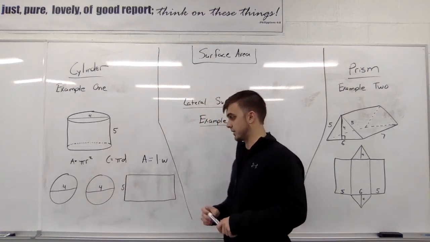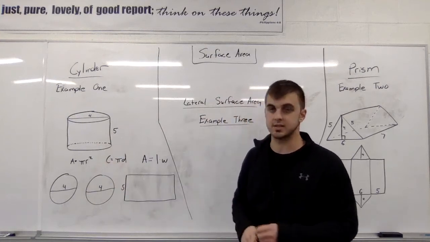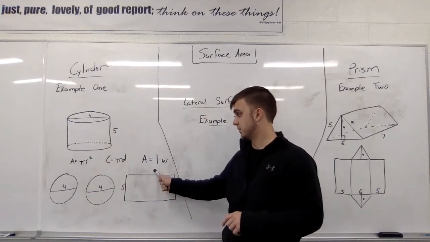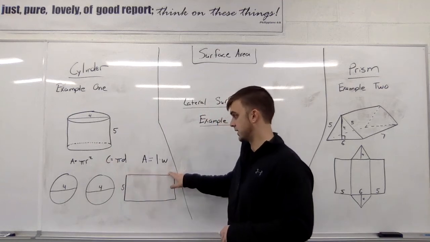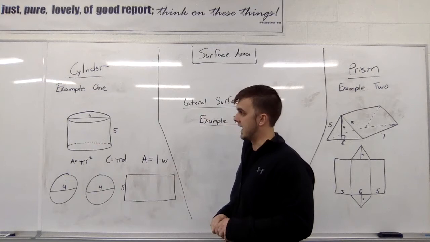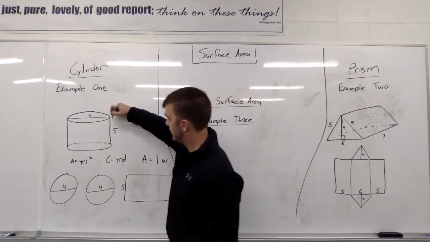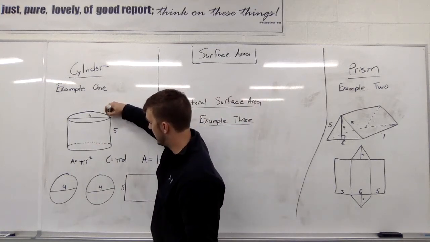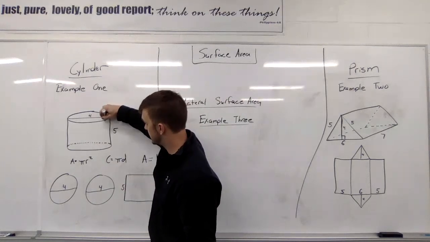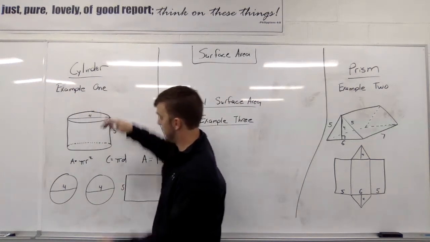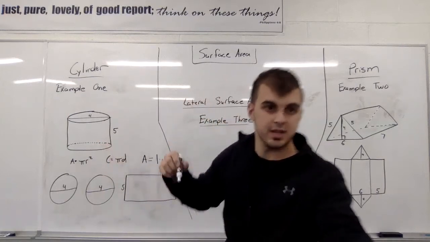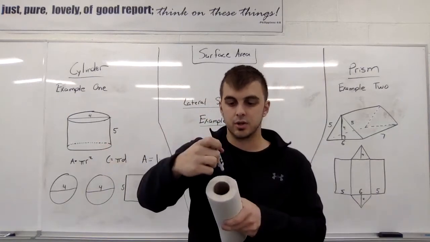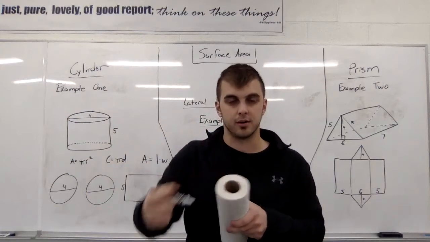Now, the first thing that you need to do, well, not necessarily the first thing, but something you have to do is figure out what the length is. This point to this point, what is it? What happened is we cut it here and then stretched it flat, and we took this circle the whole way around and stretched it flat. So what is the whole way around a circle called?